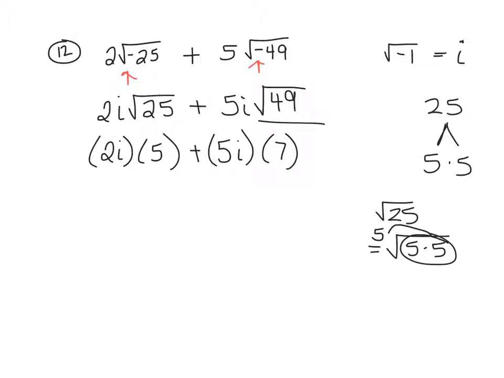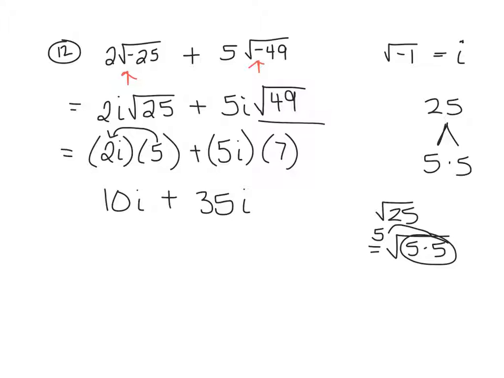All right, so in my next step, I'm going to take this term by term. 2i times 5 is just 10i, and I found that by multiplying the 5 times the 2, and I have to include the i in there. Now the next term is 5i times 7. 7 times 5 is 35, so this becomes 35i.